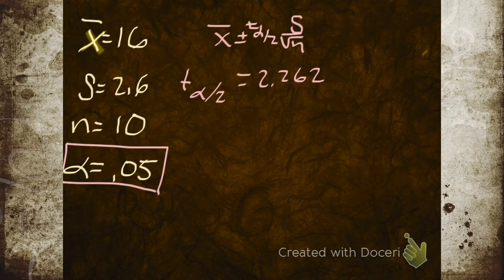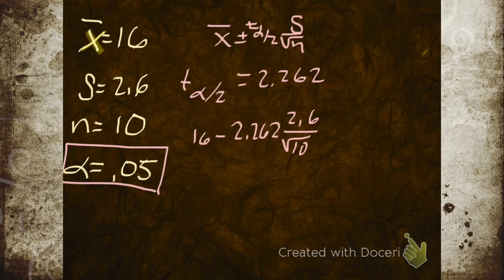Okay, so let's go ahead and make our confidence interval. Our 95% confidence interval when we don't know our standard deviation. That's going to be 16 minus 2.262 times 2.6 divided by the square root of 10.